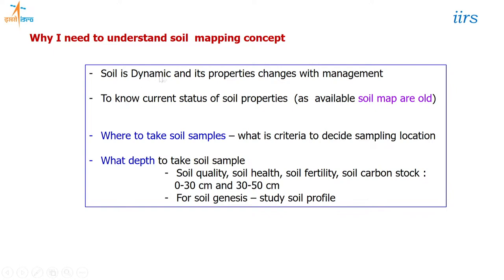Soil is dynamic and its properties change with management. For any map you are using, just see which year it was prepared. Generally we get maps prepared 20-30 years back, so those maps will not reflect the dynamic soil properties.